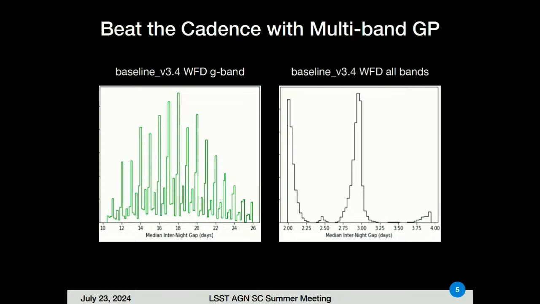But if you're able to combine data from all bands, you peak at less than 3 days, and there's another peak at 2 days. So that's our goal, to take advantage of all the data in all bands in a really coherent way. Now I'm showing you some results.